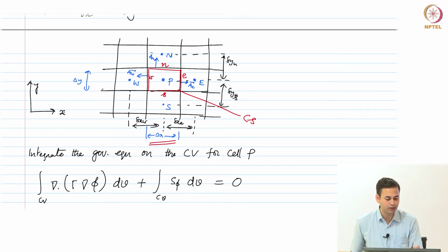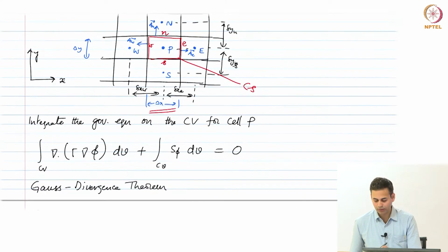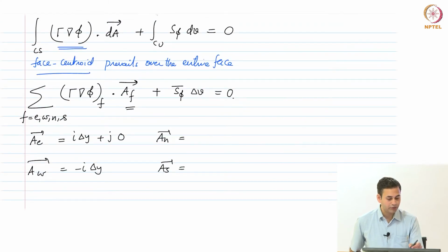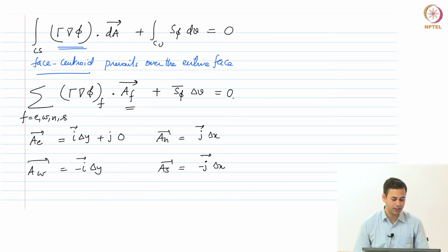So, this is A north bar, and if I were to write it, this will be j times delta x plus i times 0. We do not have any component in the i direction. What about A south? It will be minus j times delta x. I will put a bar on this. So, these are the area vectors for the primary cell P.